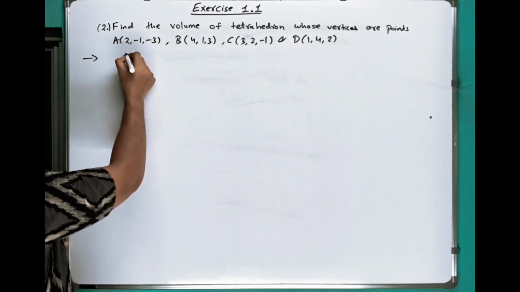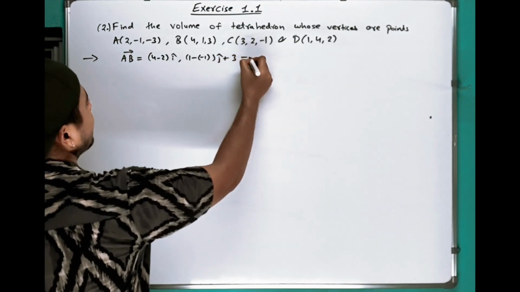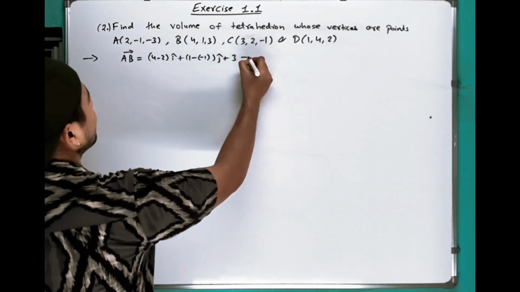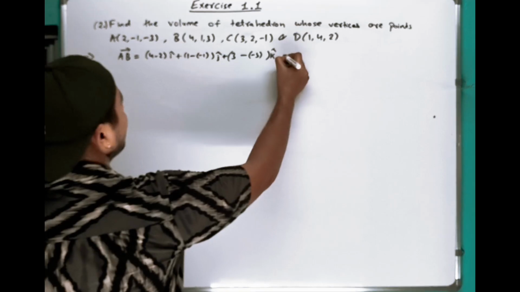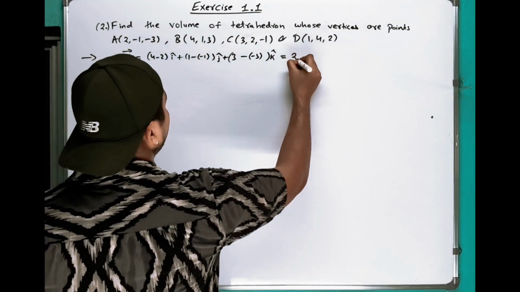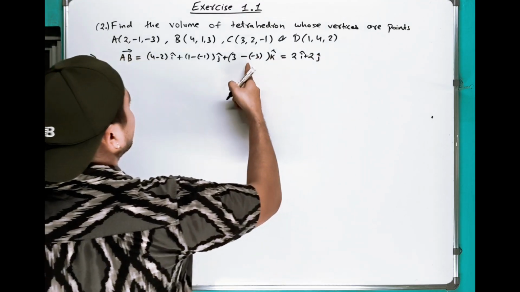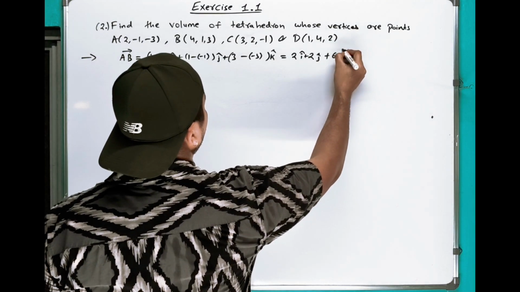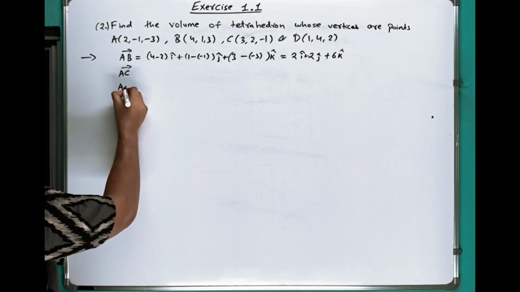So AB will be equal to 4 minus 2 i cap, 1 minus 1 j cap, and 3 minus 3 k cap. So we will get this is 2 i cap and this is equals to 2 j cap and this is equals to plus 6 k cap. Similarly, we will calculate AC bar and AD bar.